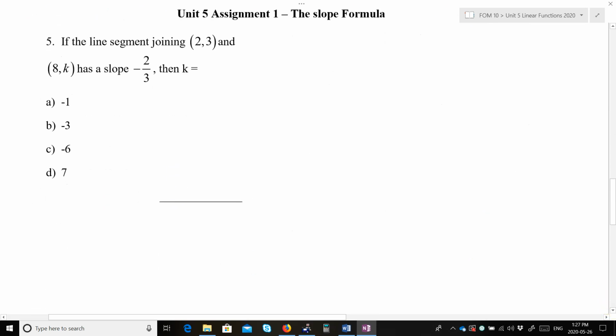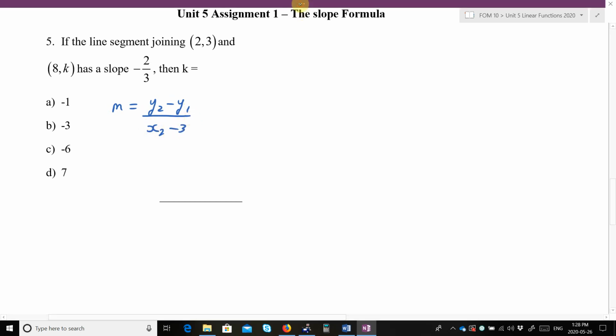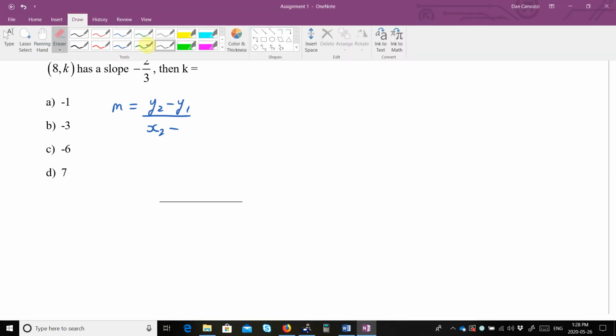Number 5 says, if the line segment joining 2, 3, and 8, comma, k has a slope of negative 2/3, then k equals what? Okay, so using the slope formula, basically what we're going to do here, guys, is set up an equation.